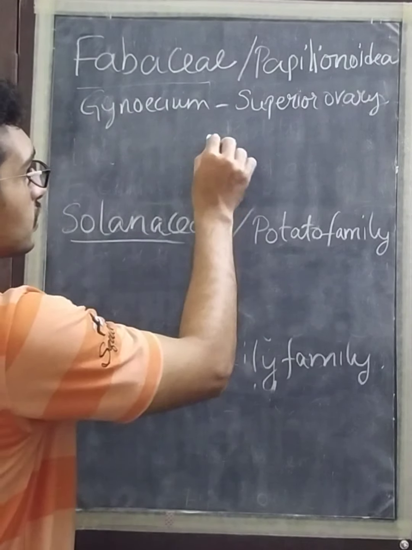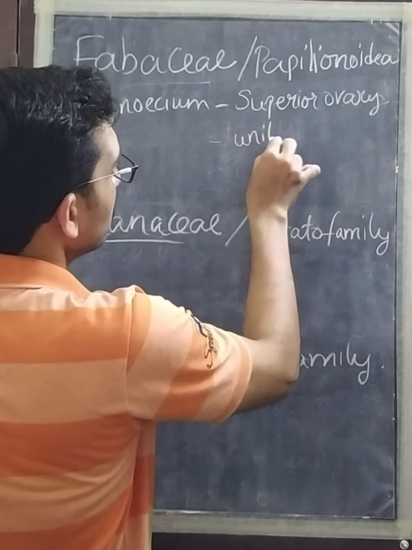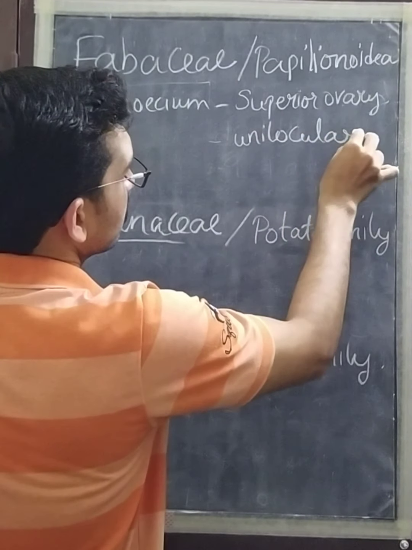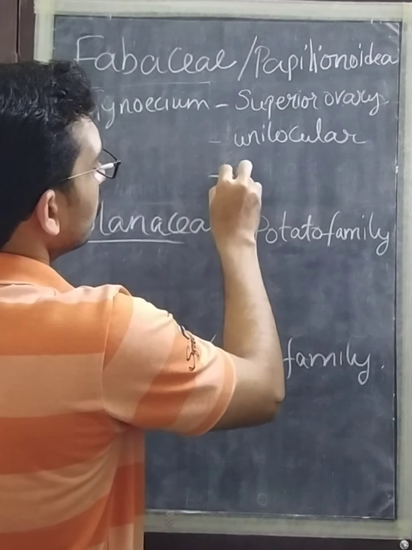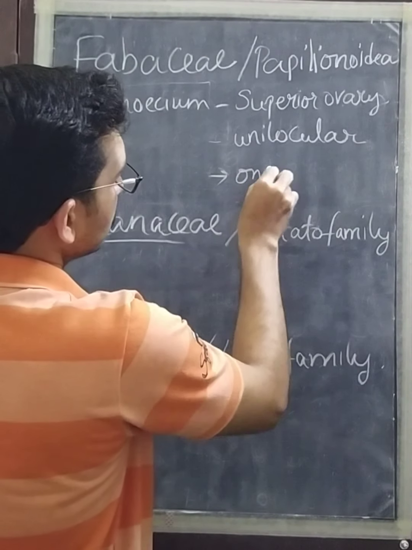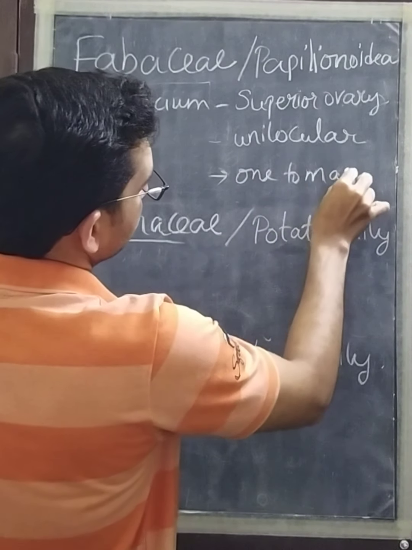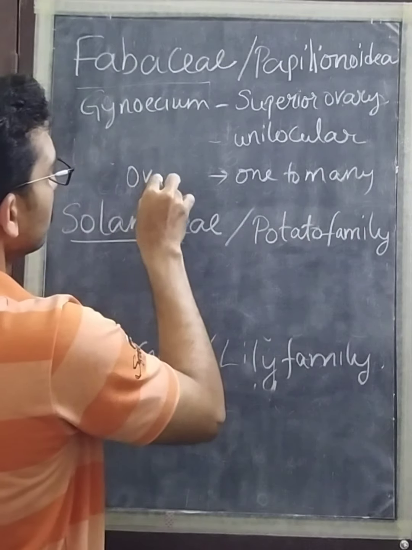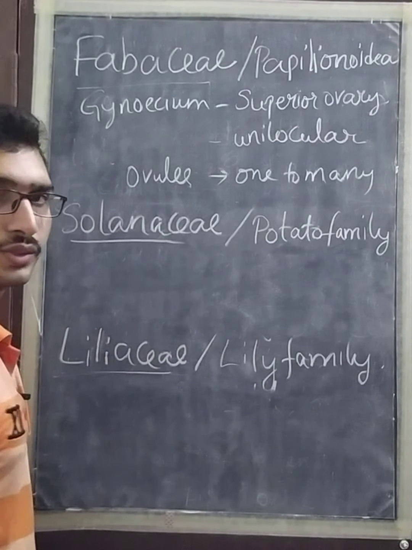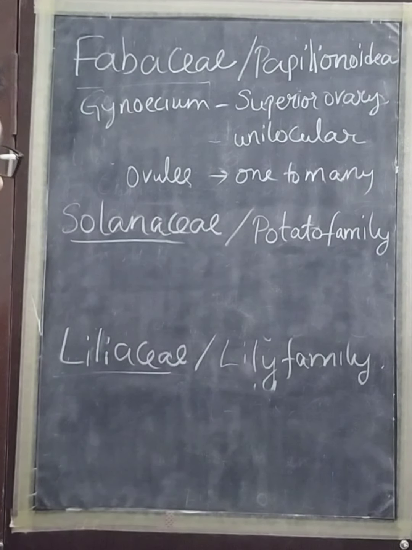How many locules does it possess? Unilocular. Ovules may range from 1 to many.